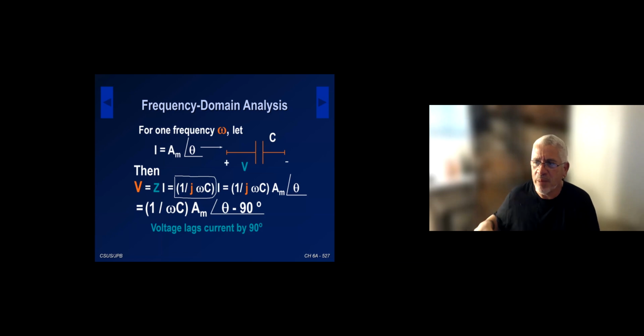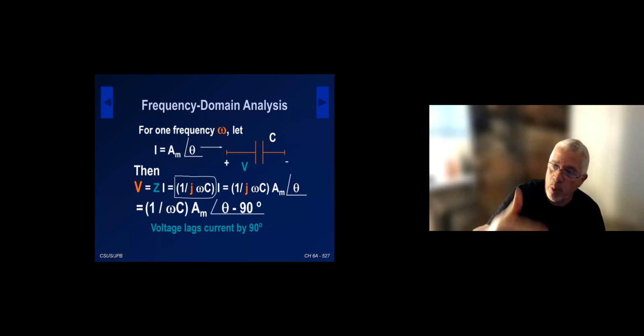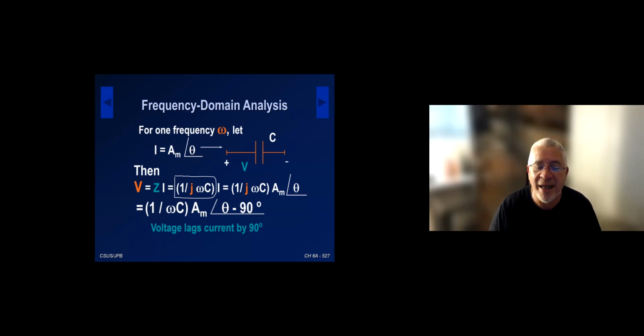So, I'm going to talk a little bit about capacitor impedance and so forth in a little bit. All right. So we can show that the voltage for a capacitor lags because of the j being in the denominator. If we move j to the numerator, it's going to be minus j. It lags the current by 90 degrees.